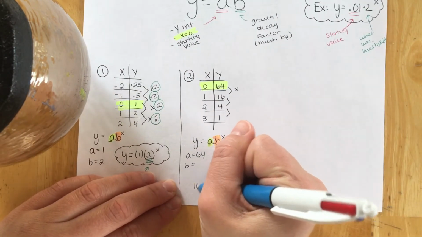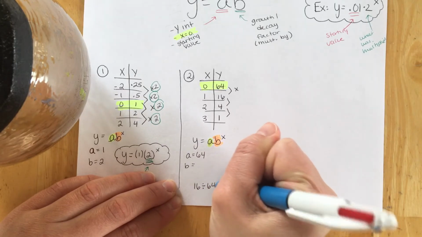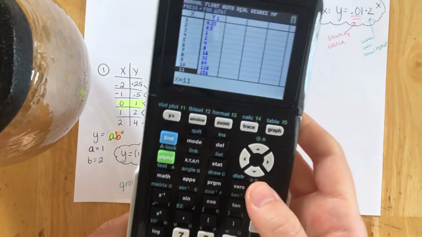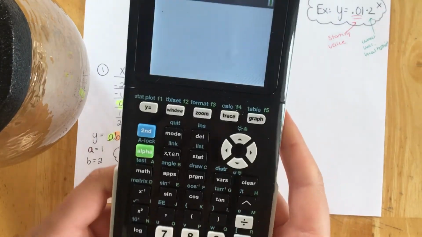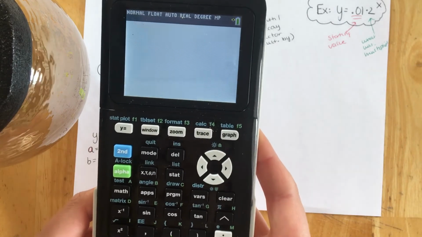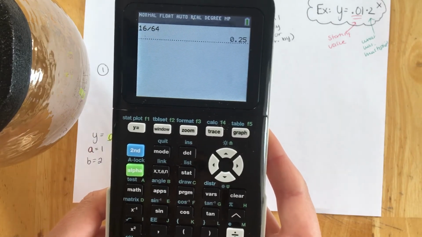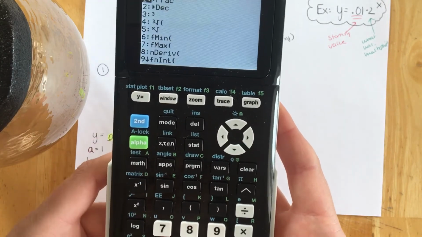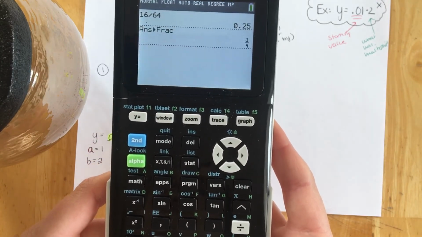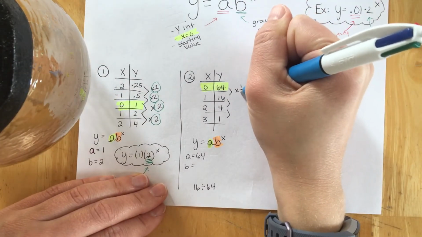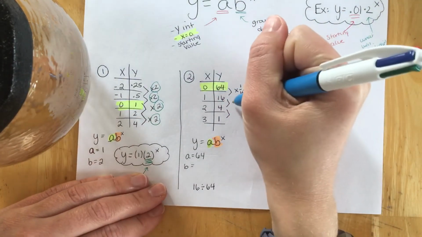If I take 16 and divide it by 64, let me do that in my calculator here. 16 divided by 64, enter, you get a decimal. We could use decimals, but I'm going to make it a fraction by hitting math right here, enter, enter. 1/4, okay? So that's what I multiply by.